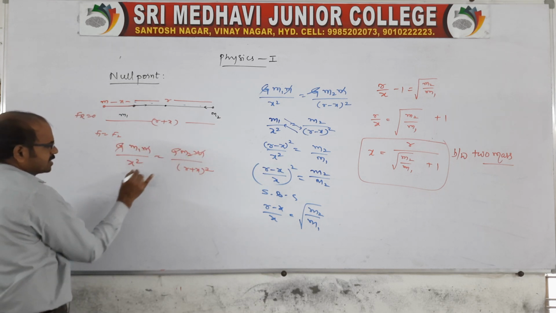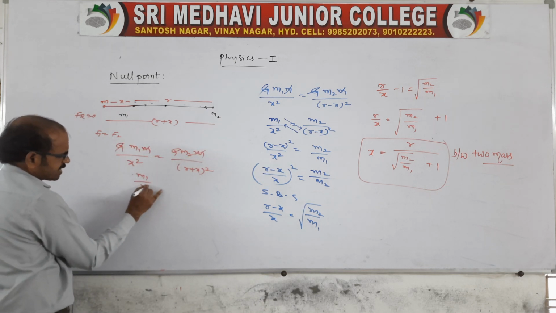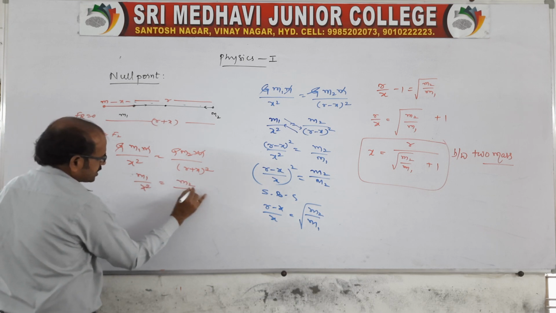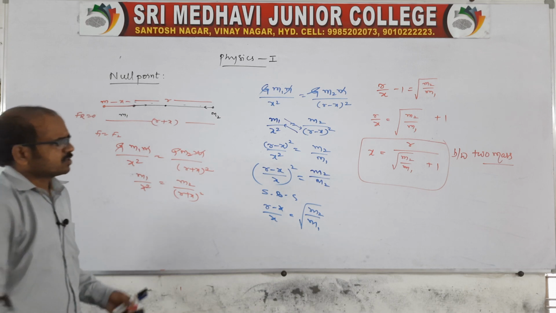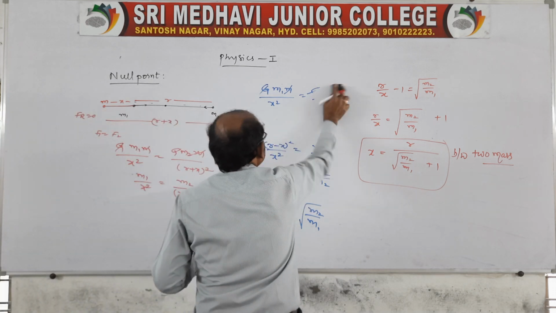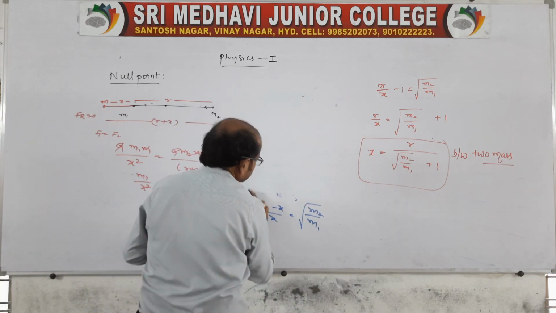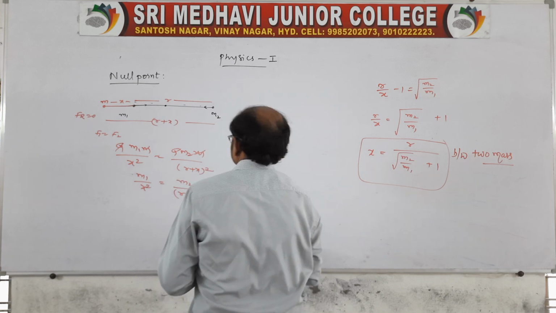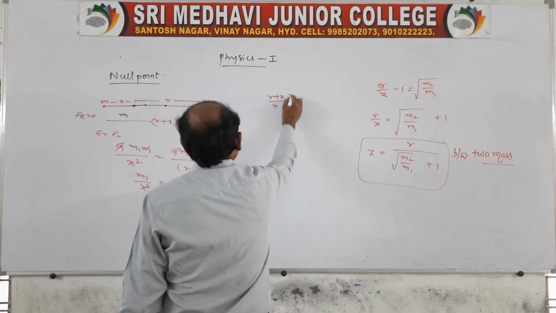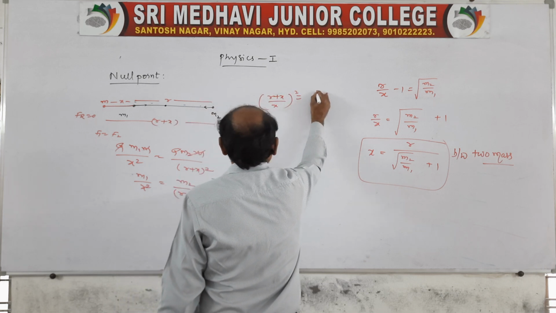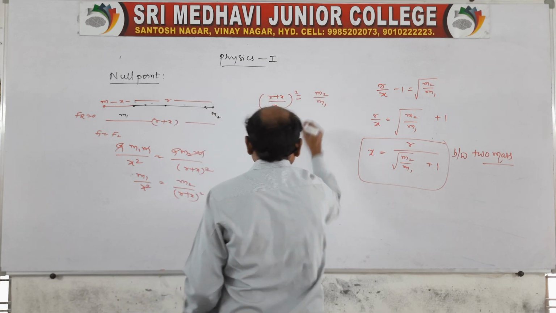You cancel similar terms. m1 by x square is equal to m2 by r plus x whole square. Now you take the same cross multiplication and do the simplification, then we get the final expression, r plus x by x, equal to root m2 by m1. Clear?